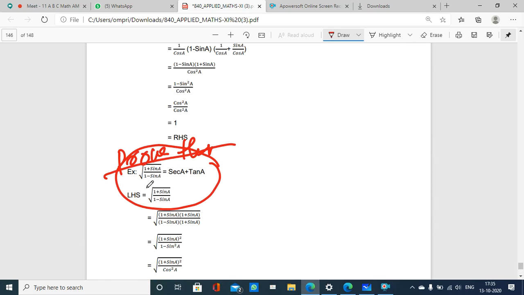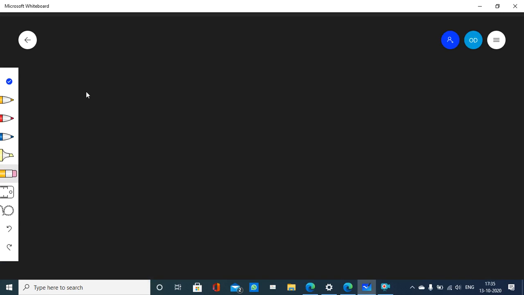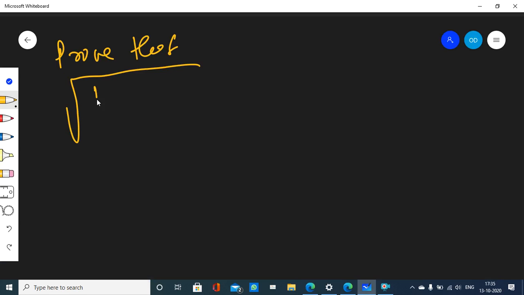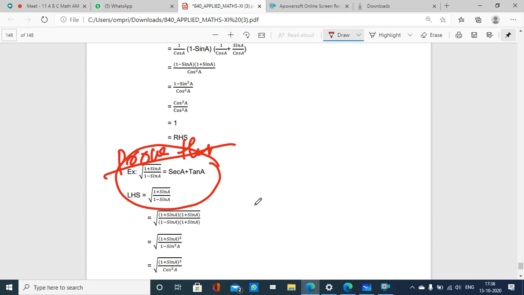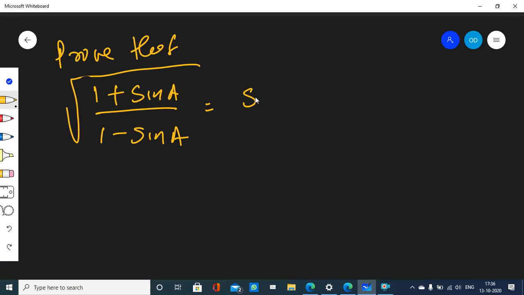It says prove that root over of 1 plus sin a divided by 1 minus sin a is equal to sec a plus tan a.